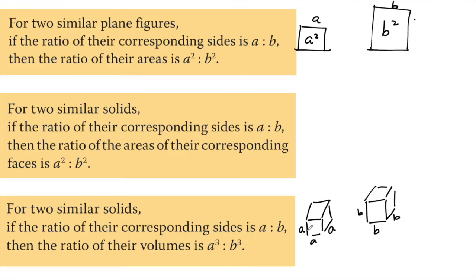When you talk about the volume, you have to go through these three: the length, the breadth, the height. Therefore, even if the ratio of the corresponding sides is A to B, when we talk about volume, it is A cube is to B cube.